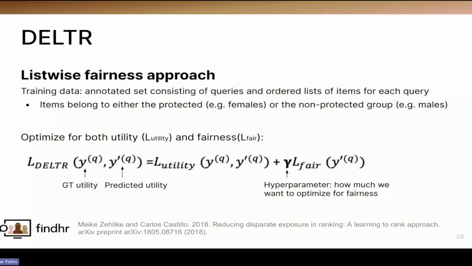Are they from the protected group or the non-protected group? We want to be fair to both in the sense that both should ideally be ranked highly. And so using this loss with the model, we can try to optimize some fairness objective that we'll talk about on the next slide.